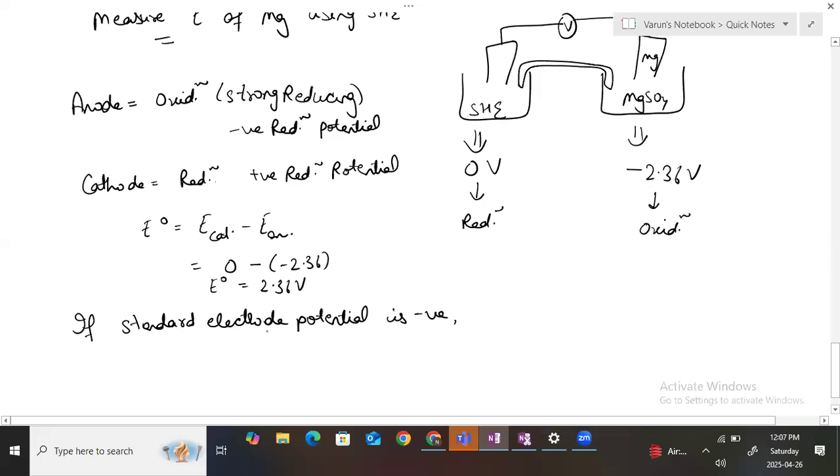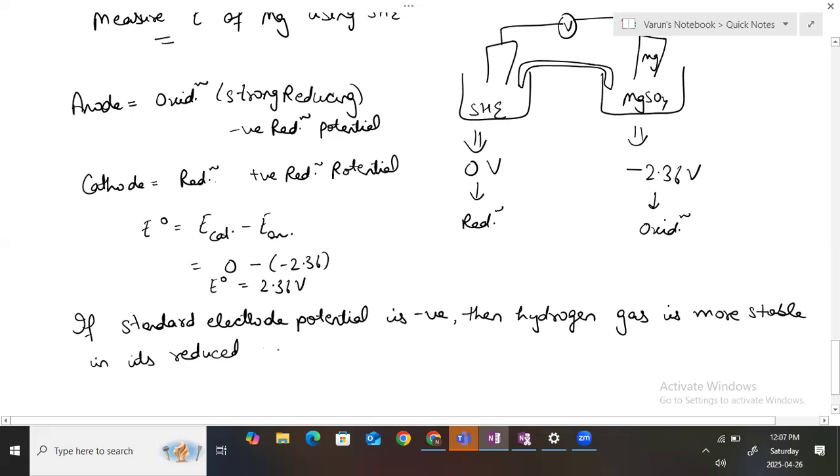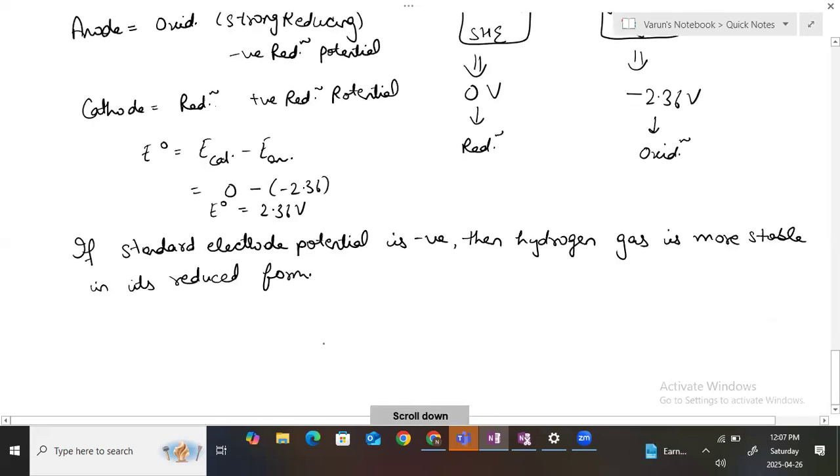If the standard electrode potential is negative, then hydrogen gas is more stable in its reduced form. Got it? Yes, ma'am. Is the concept clear? Yes, yes.